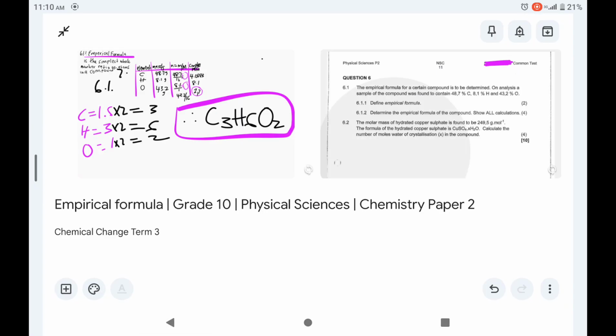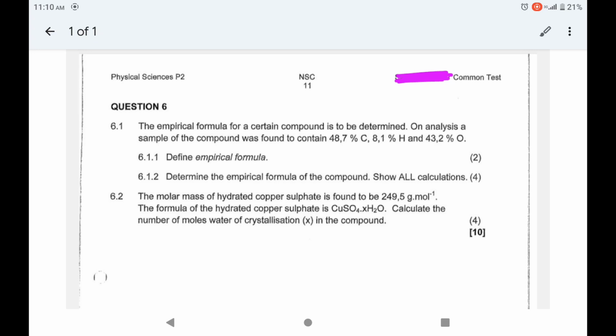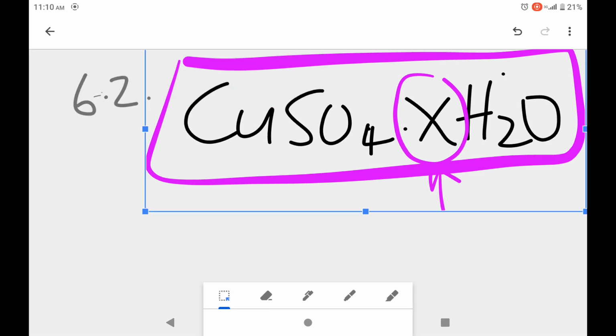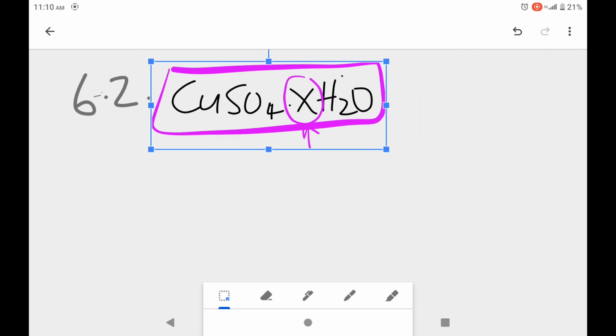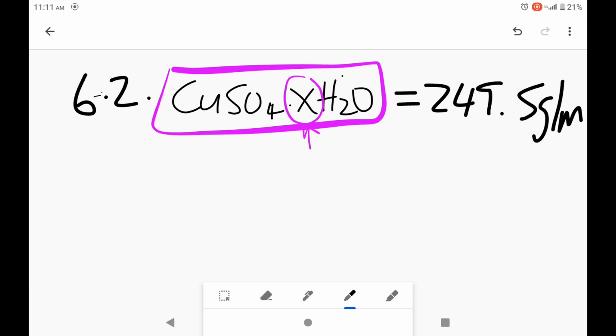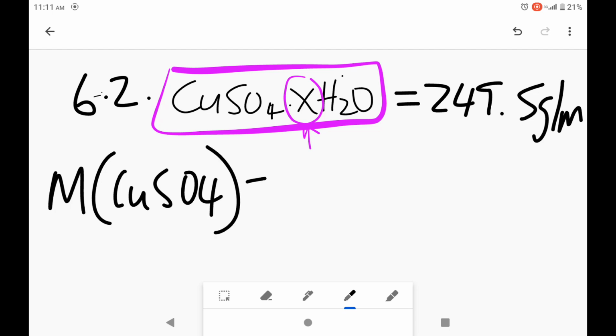In this question, you need to always remember that we have hydrated copper sulfate and unhydrated copper sulfate. Let me show you. The molar mass of hydrated copper sulfate equals 249,5 grams per mole, and let's calculate the molar mass of unhydrated copper sulfate.